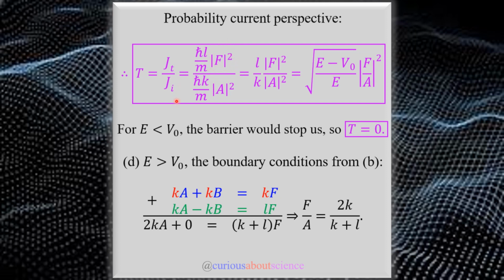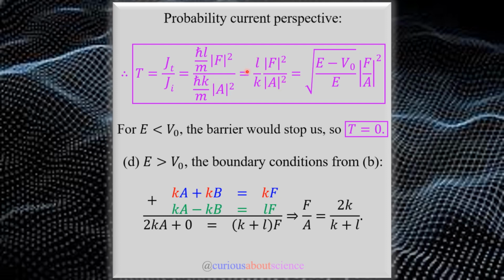And then the incident, which of course used K and A, because that was the incident waveform that we had here. From this perspective, with the Schrödinger equation, based on the definition of J, we can get these pretty quickly, and it simplifies down because m and h bar again cancel, so we're left with L over K times F squared over A squared yet again.